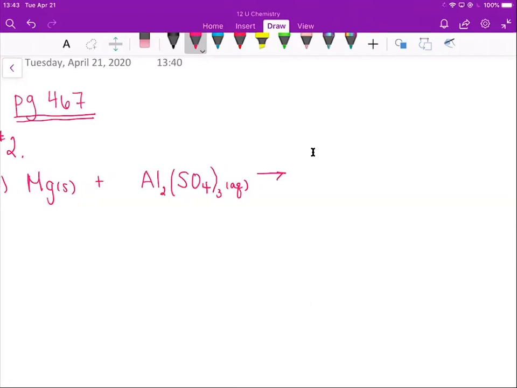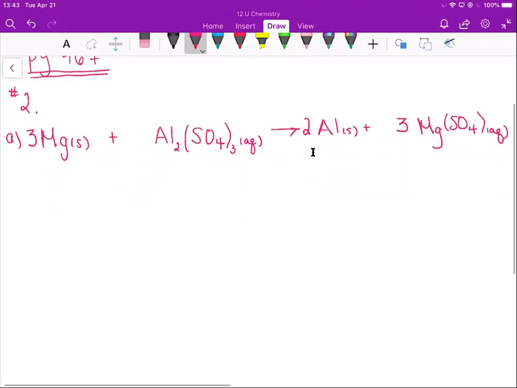Magnesium is going to kick out aluminum to form magnesium sulfate, aqueous, okay? And as you can see, magnesium is 2 plus charge, sulfate's 2 minus, and so they cross out to just magnesium sulfate that way. So we have to balance everything else out accordingly. Okay, and so that should be balanced there.